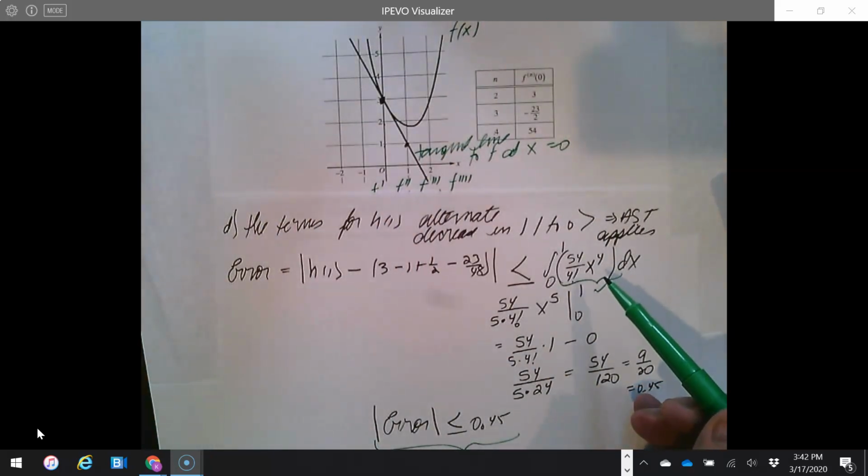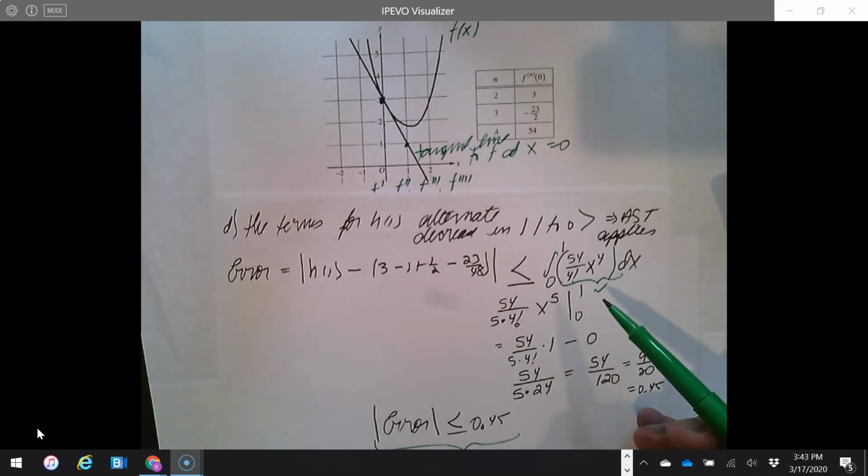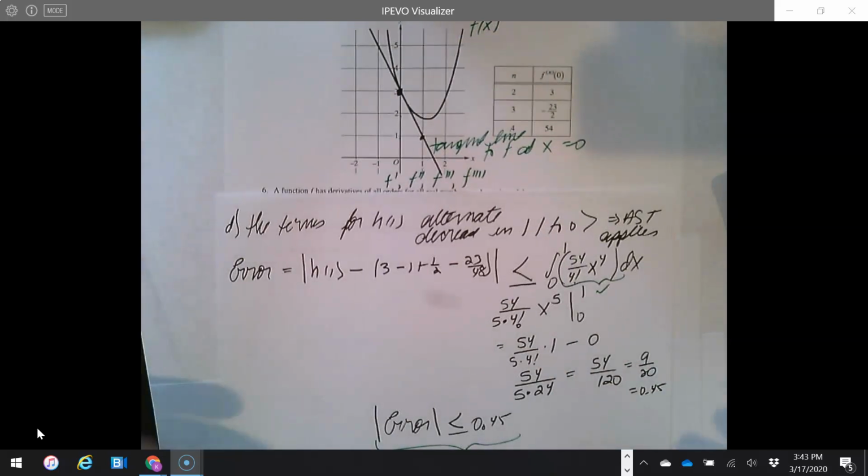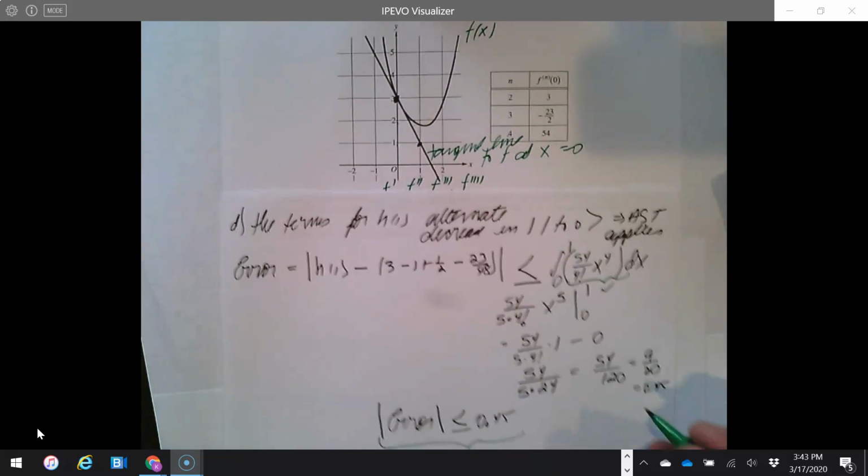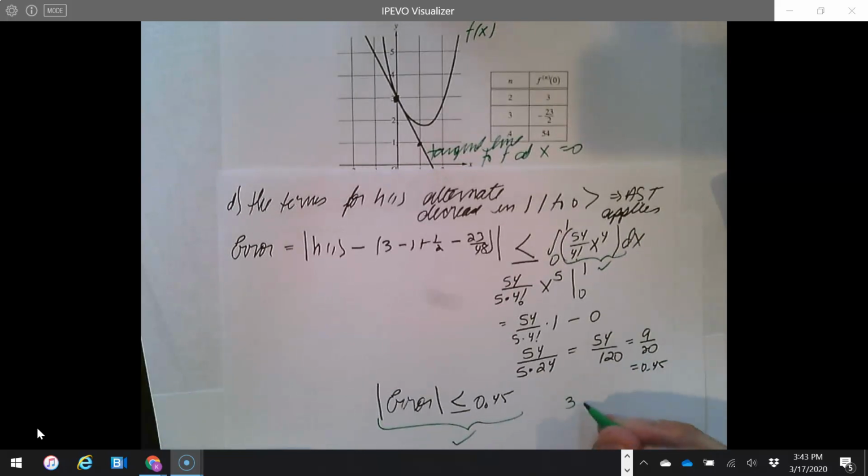That's what we're doing here. Second is uses the first omitted term of the series for h of 1. Those sound like the exact same thing to me. And then the error bound. Quite honestly, I'm not sure where the second point comes in, but this is a grand total of 3 points.